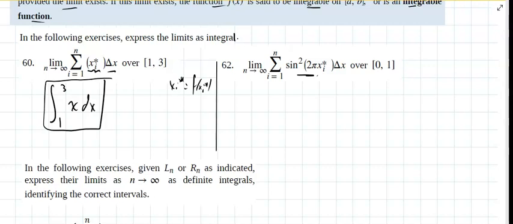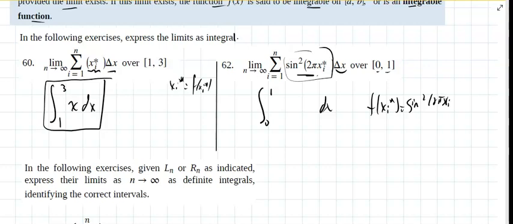So here, this is going to be the integral from 0 to 1 of f of x sub i star. Well, let's see how this worked. They really took delta x is delta x. If you take x sub i star and you substitute it in f of x, you get the sine squared of 2 pi x sub i star.